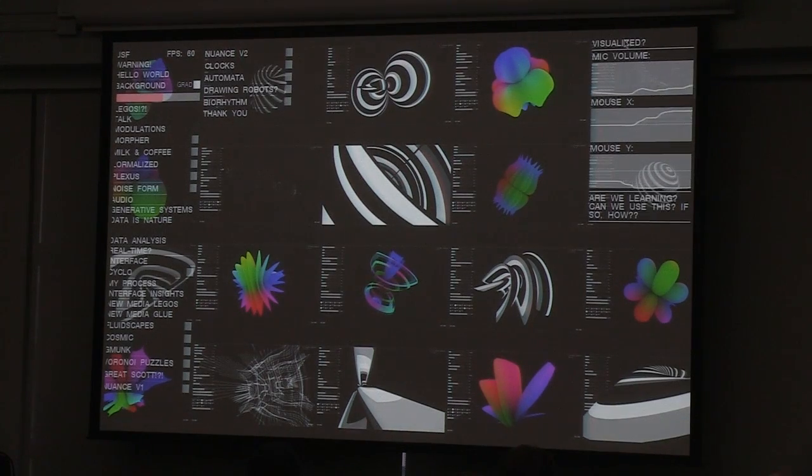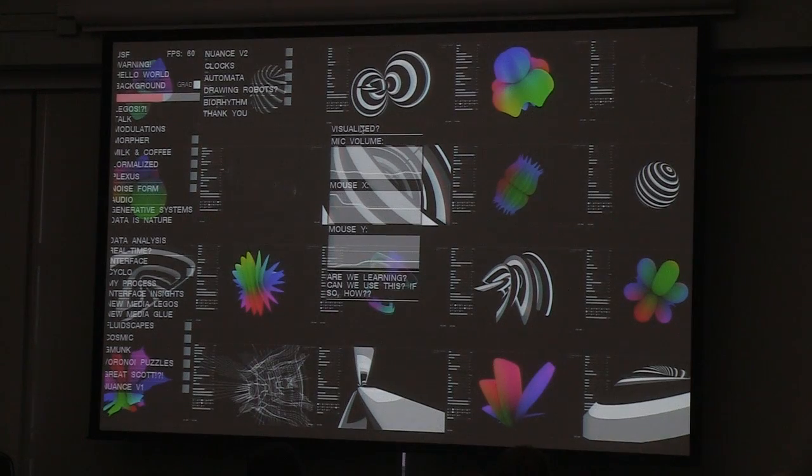This is a really simple visualization: the microphone volume over time, the X and Y mouse positions over time. So this is one way of visualizing that data. But I always ask myself, what does this mean? Do we learn anything? Can we even use this? This pretty graph is great, but what is it going to do for me?